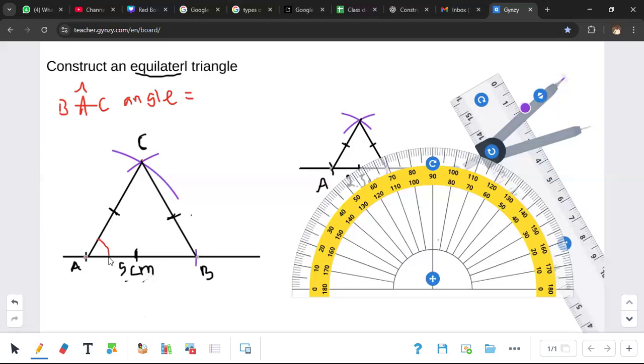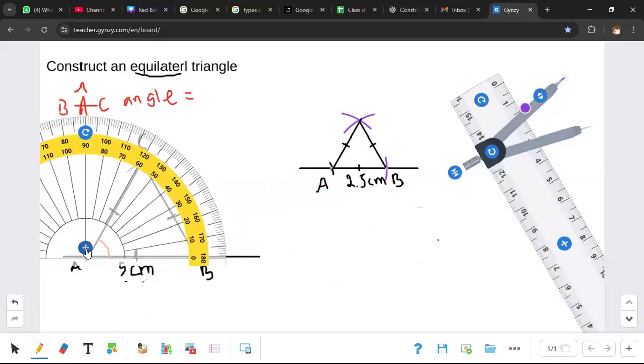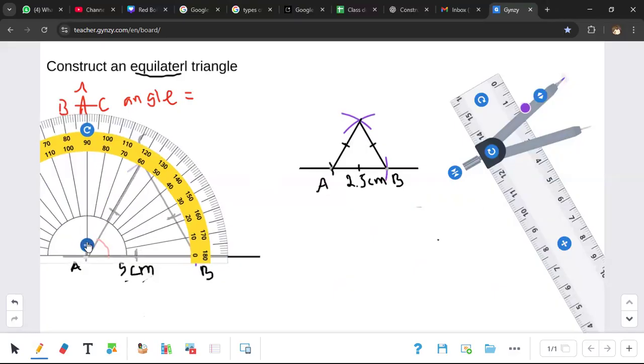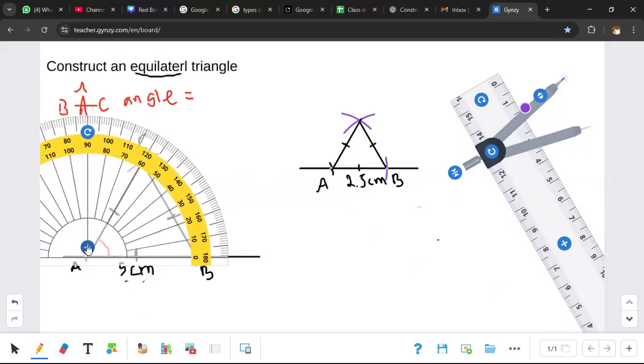This is the angle. So you have to place your protractor where the point A is, right? A is the middle letter of the angle, right? You have to place it right at the middle letter, like this. Okay? Did you see?